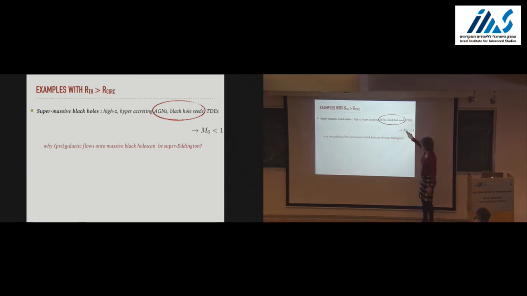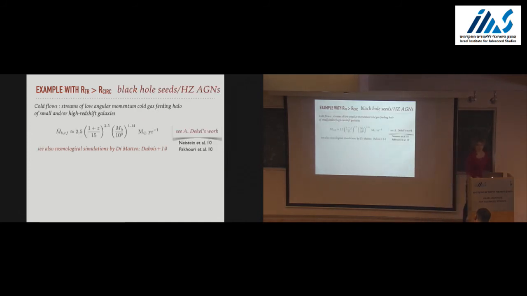I explained why in TDs the trapping radius can be larger than the circularization radius. Let me tell you why in high redshift. When I say high redshift, I'm thinking even before reionization. What are the conditions for hyperaccretion there?